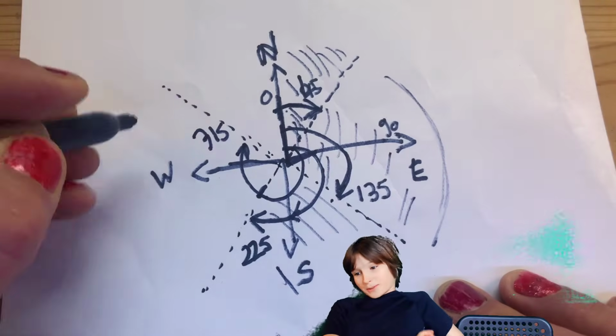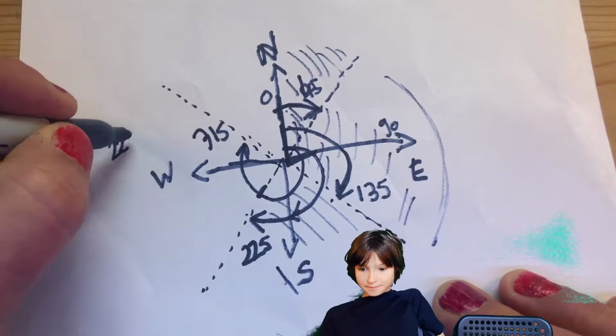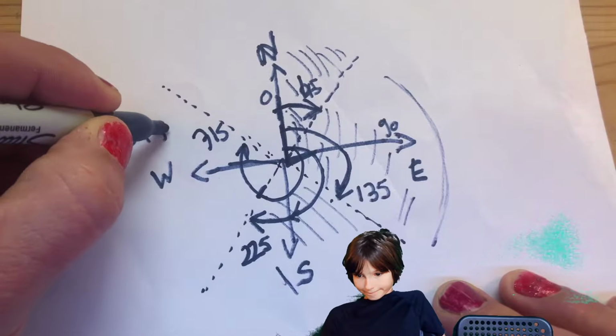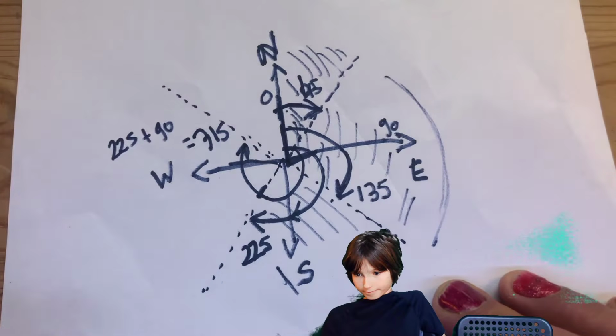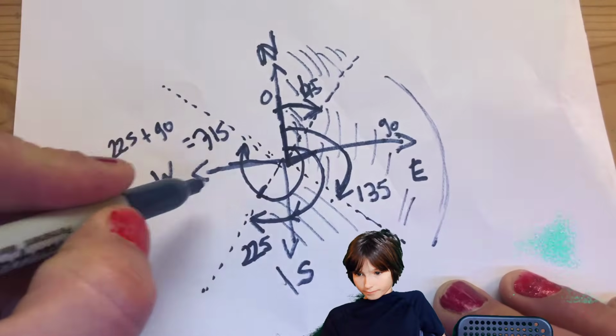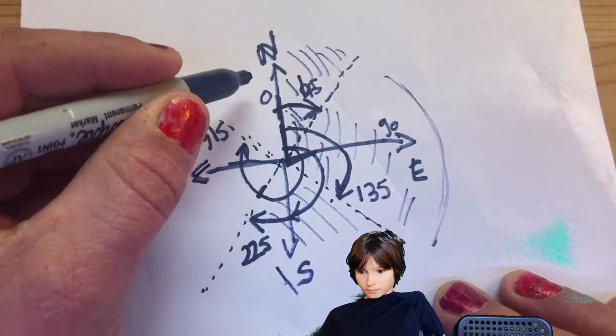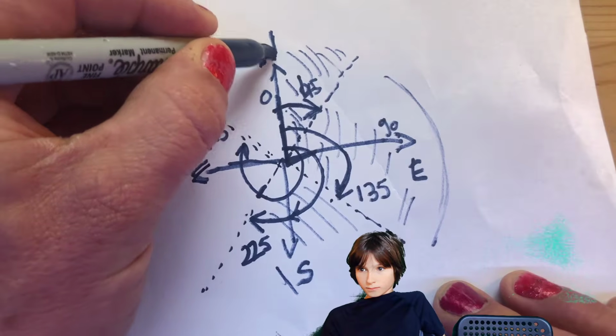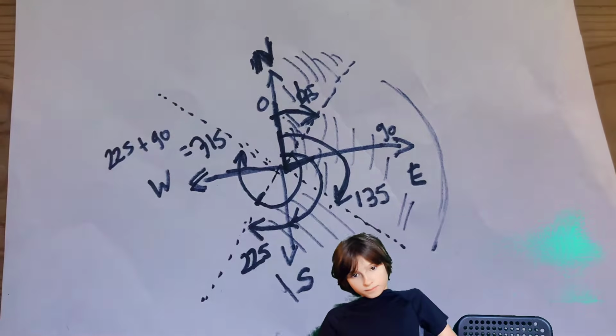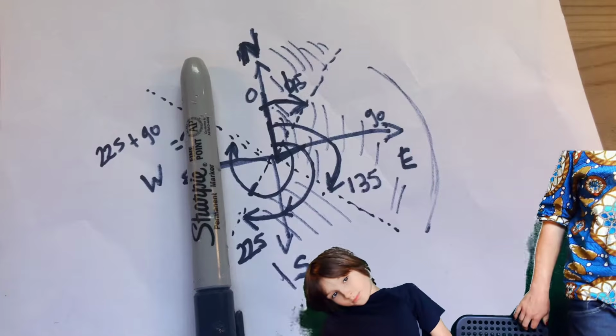My brain has been crippled. So 225 plus 90, 315. Yes. So we know we're kind of west, and then actually the last chunk is north again. We'll see how we can actually deal with that. All right, 315. That's the number.